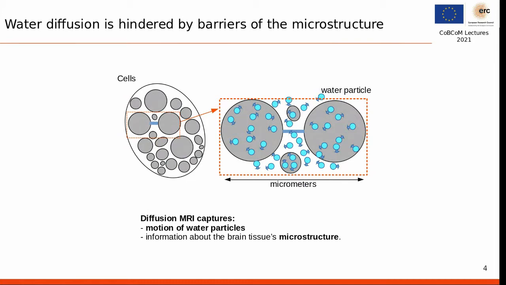So here we see some cells, and we can really see in the zoom that water particles can displace within, between, and actually across these barriers. So diffusion MRI, or diffusion-weighted magnetic resonance imaging, can really allow us to track the motion of water particles, and therefore can provide us with information about the microstructure itself.